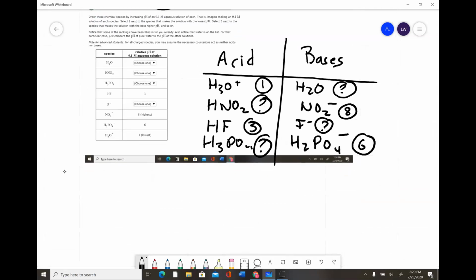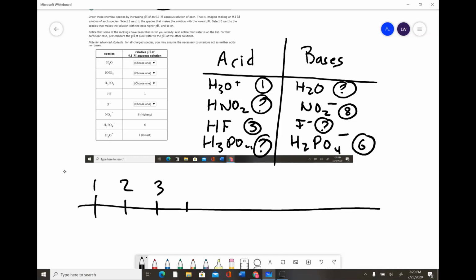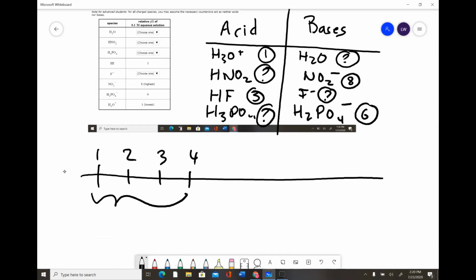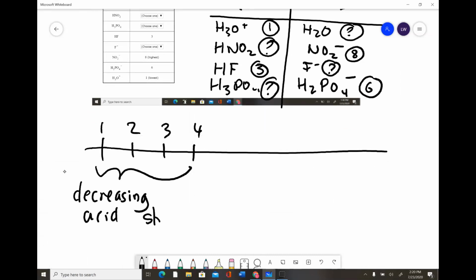So if we think about what we have, we've got 1, 2, 3, 4 acids. Remember, we want number 1 to be our strongest acid. So the first 4 numbers are going to be ranking the acids in order of decreasing acid strength.